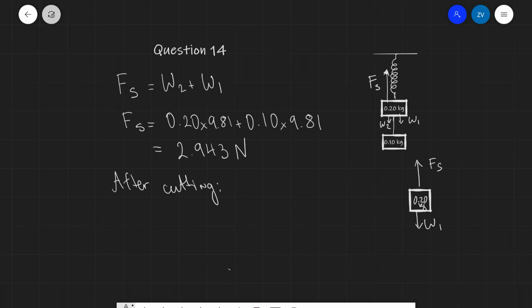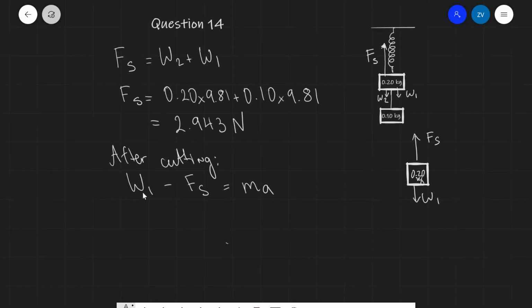So the weight take away the force of the spring is equal to the mass times acceleration. This is just Newton's second law, that all the forces combined acting on a system are equal to the product of the mass times the acceleration.